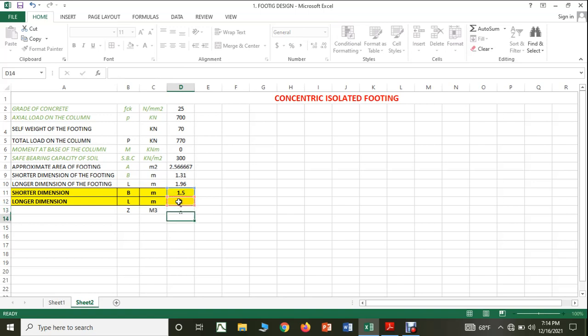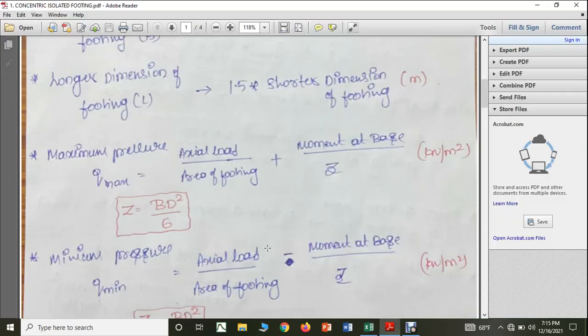So that will directly give the value. What is that? It is 1.5 into 2 into 2 divided by 6, which will give you your BD square by 6 as 1. Right, so you got the value of Z now.